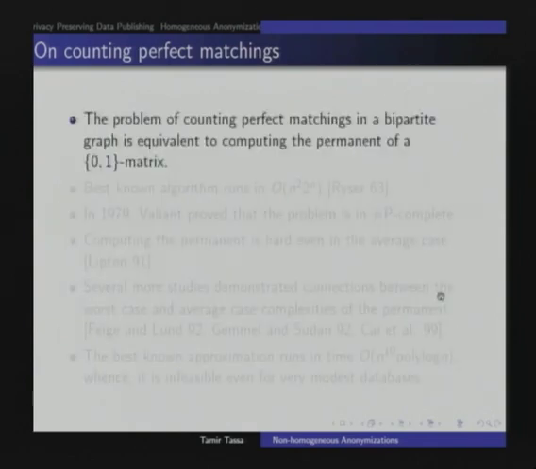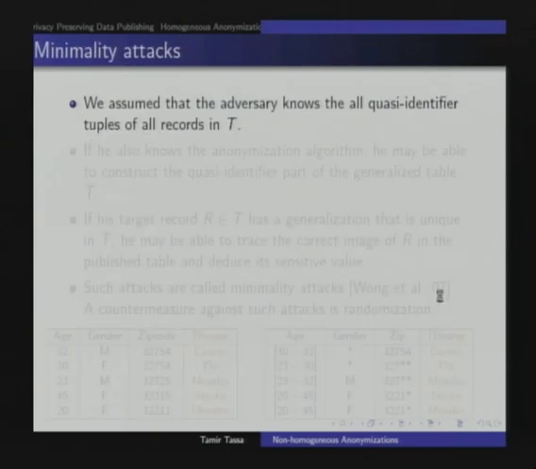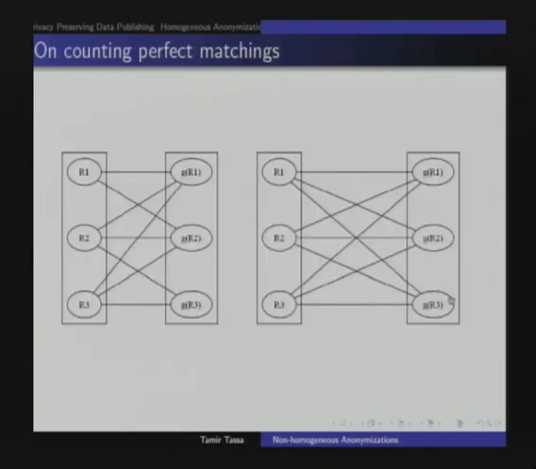However, let's consider now this non-homogeneous generalization. Here, the structure of edges is not symmetric. If we look for the individual behind the record R3, it's possible that it would be this record or this record.